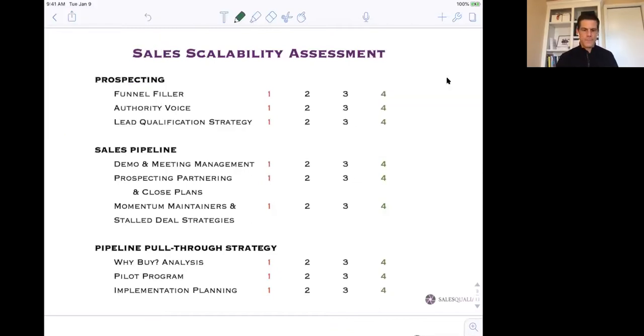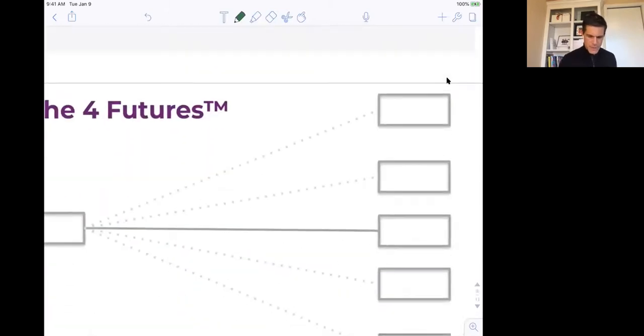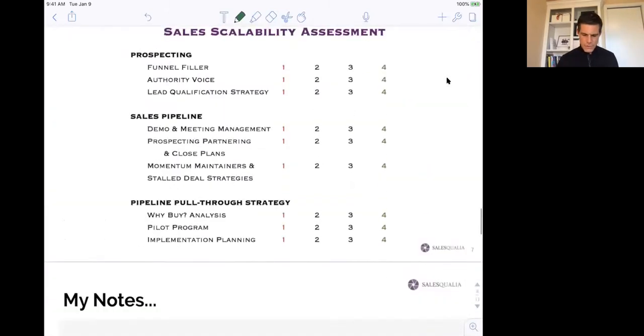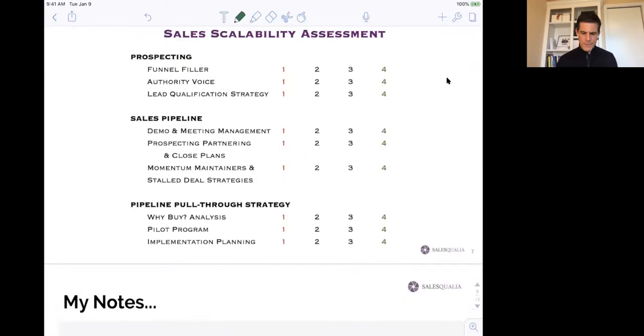Okay, awesome. So the last thing we want to do is, when you think about those scores, you can tally this up. You can either do it by section and look at an average, or just overall. A lot of times when I do this assessment individually, you might see something on your page that looks something like that. What we can do is tally that score up if you want to, or just look for some trends.